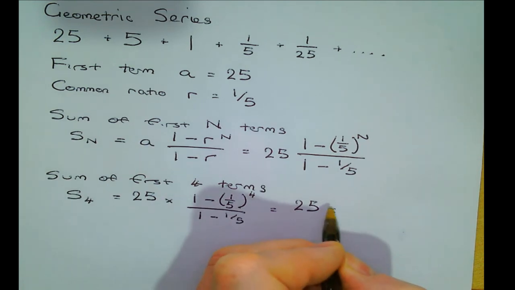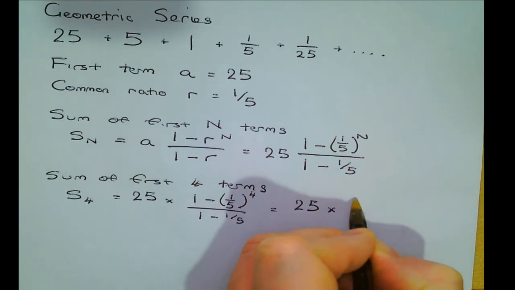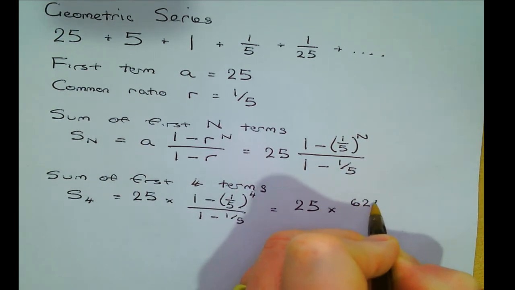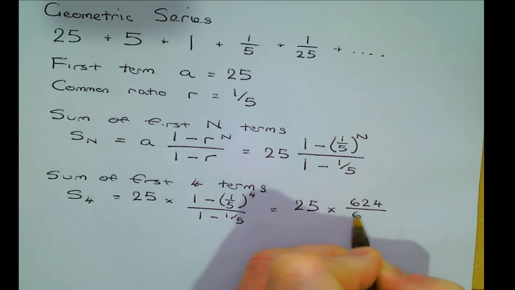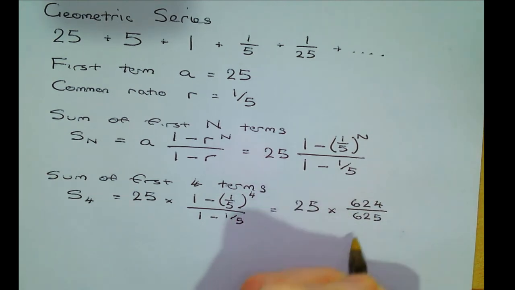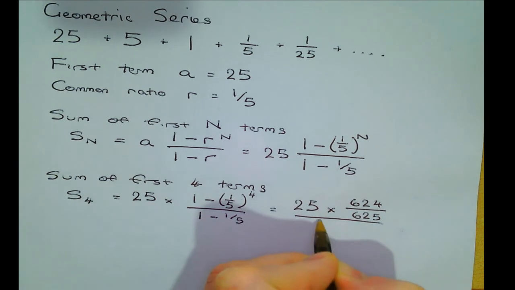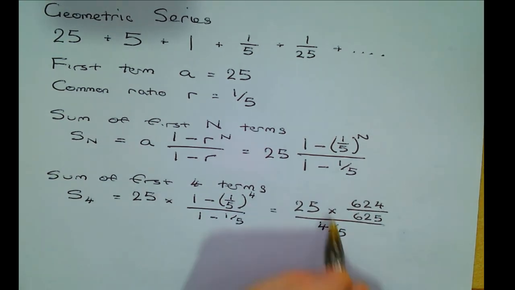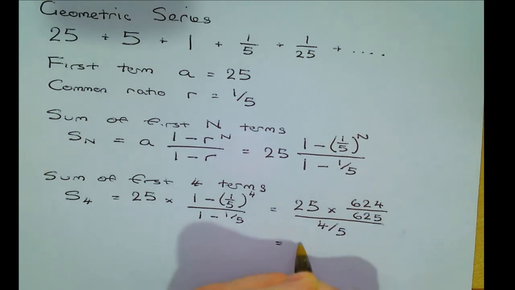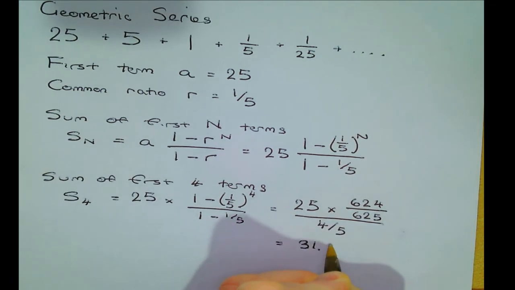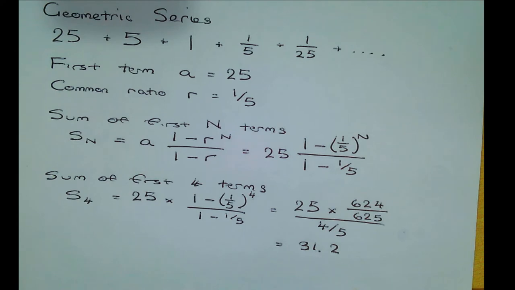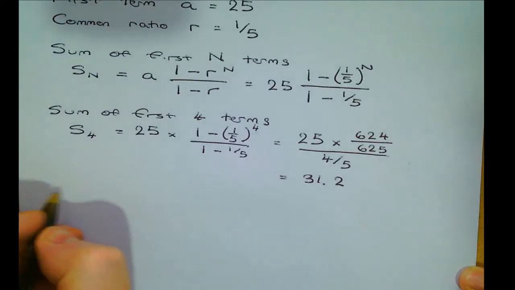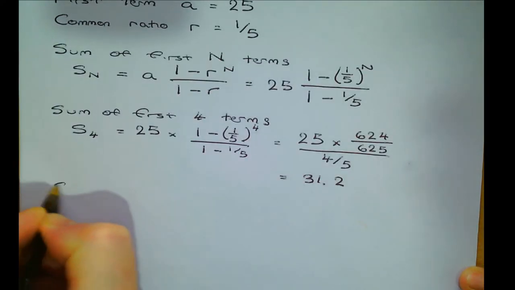So that would give us 624 over 625, all divided by 4/5. And when we work this one out, we get 31.2.